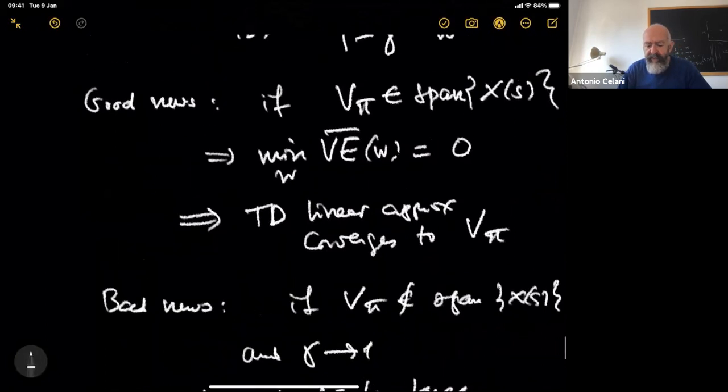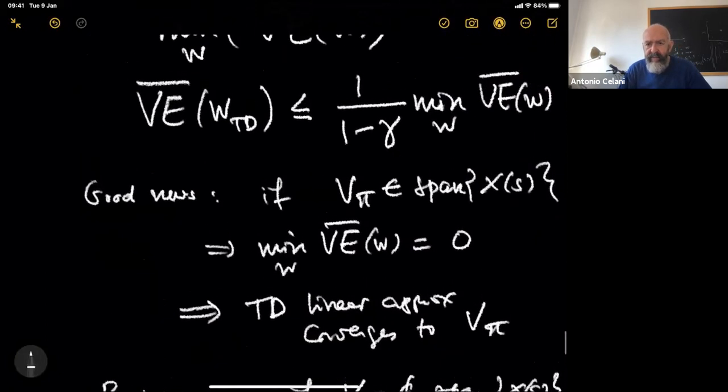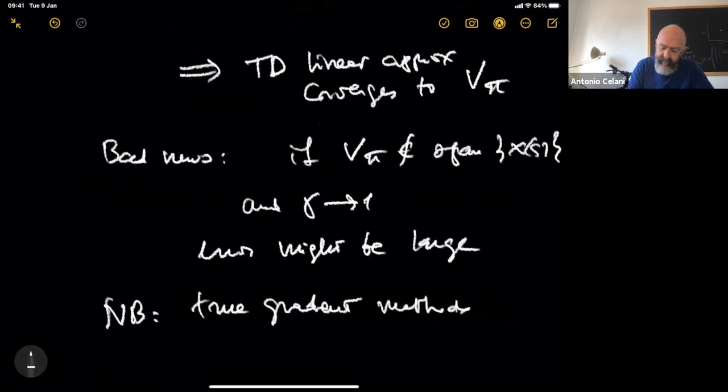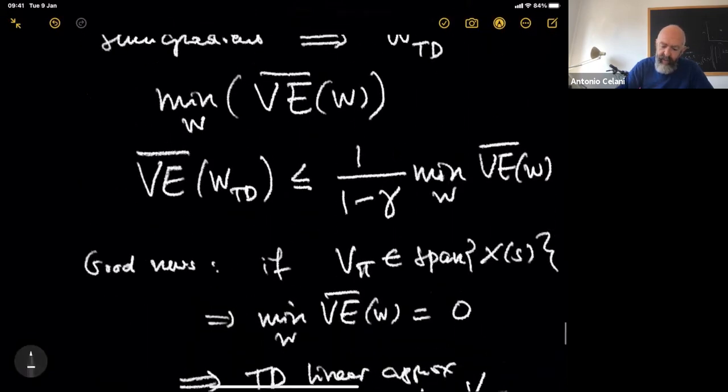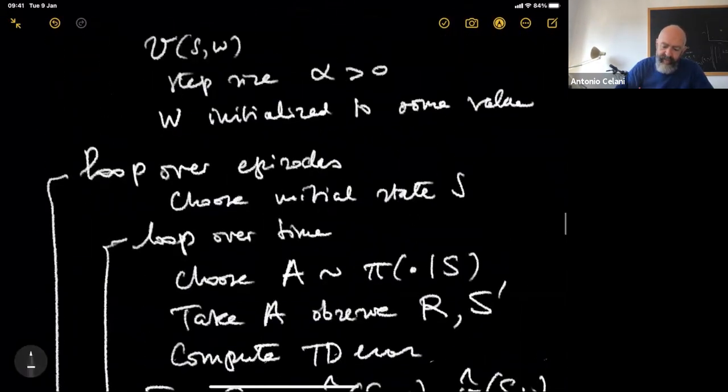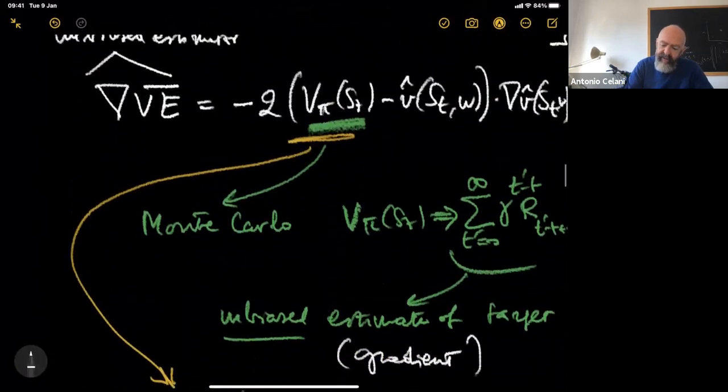So notice that if you use Monte Carlo methods, that is, if you use true gradient methods, so this is the situation which we have been describing above here in green.